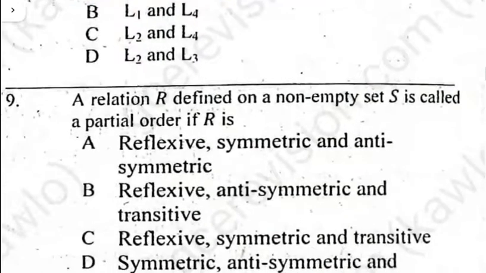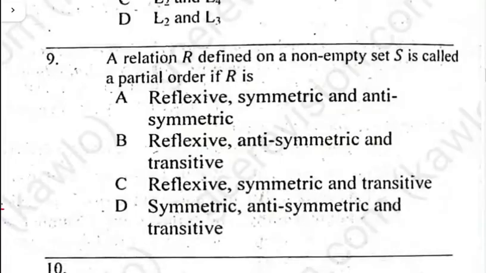Question 9. A relation R defined on a non-empty set S is called a partial order if R is... So what's a partial order relation? For a relation to be a partial order, first it must be reflexive, so it cannot be the last one.